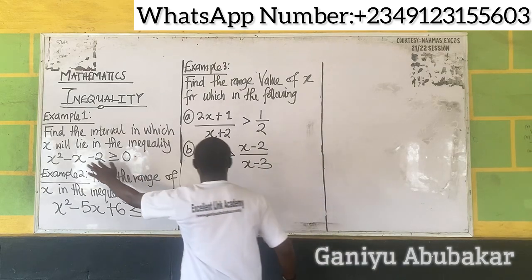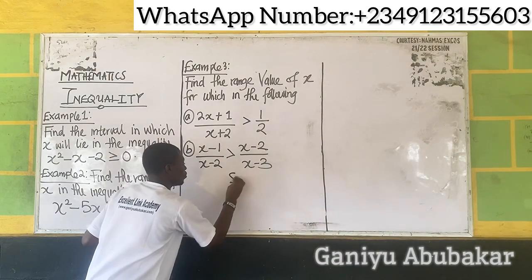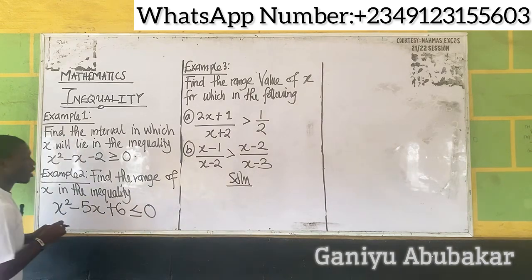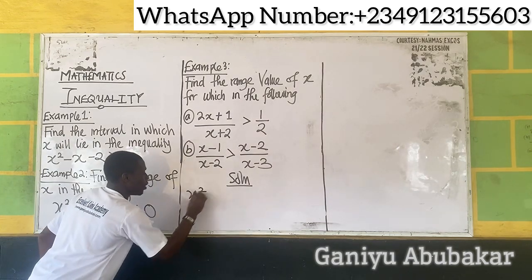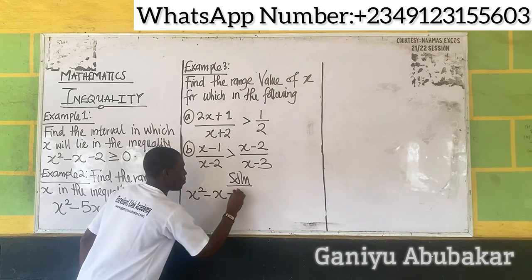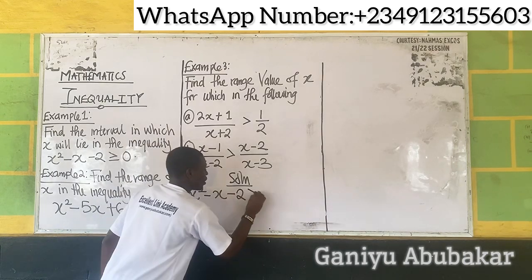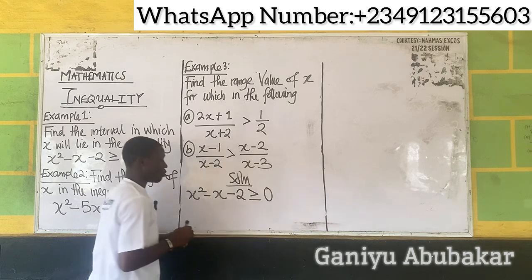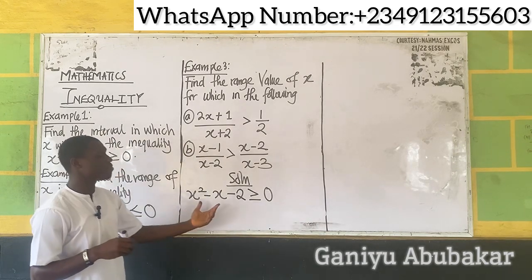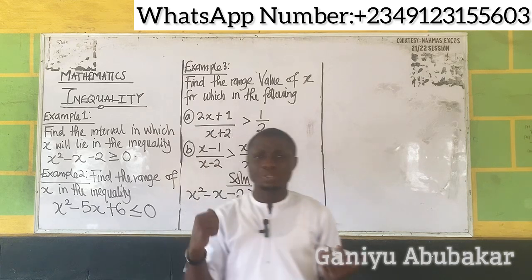So from here, solution: my equation given is x squared minus x minus 2 greater than or equal to 0. So what do you do in this case? What do you observe?